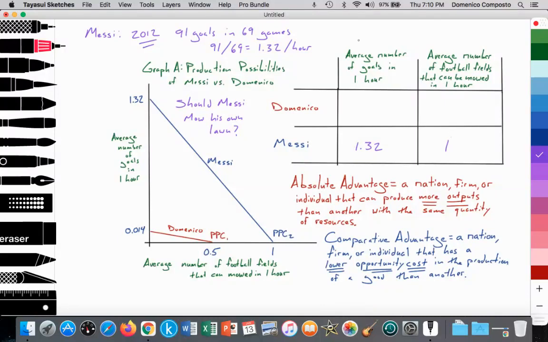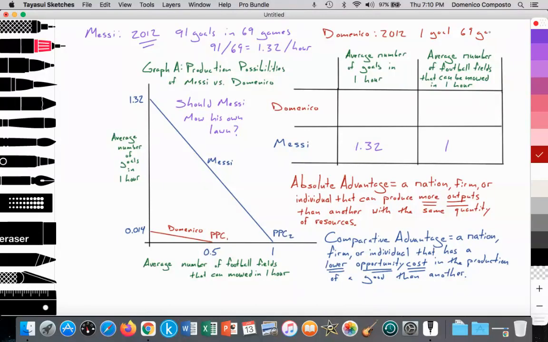Now let's look at me, Mr. Composto or Domenico. Let's just assume that I was playing in 2012 for Barca, and let's say that I accidentally got a goal in. Maybe the ball was deflected off my leg and it got into the goal, and I scored 1 goal in 69 games.